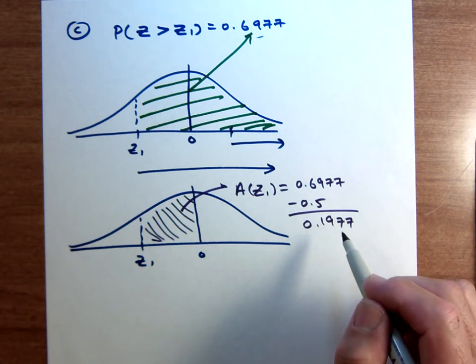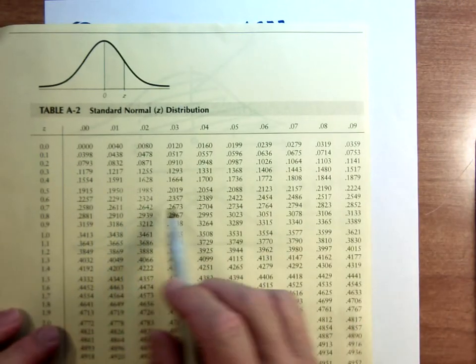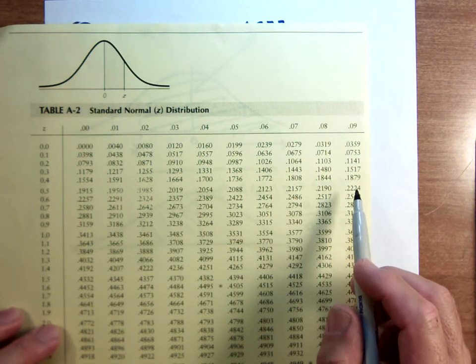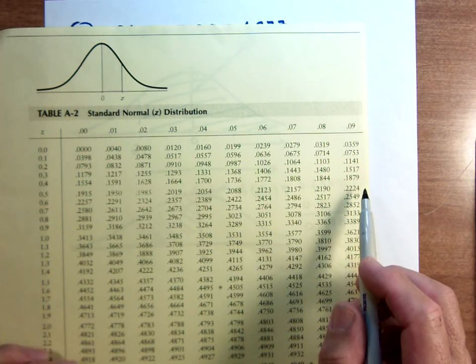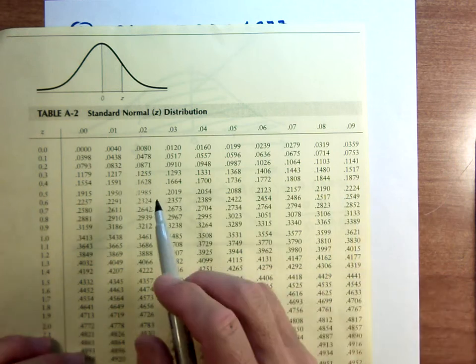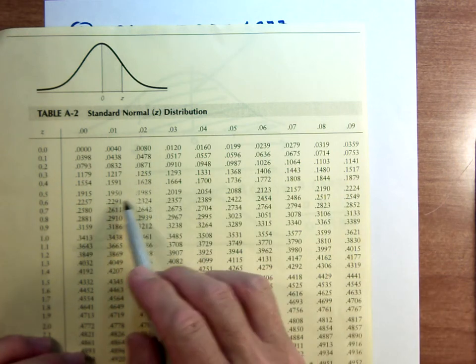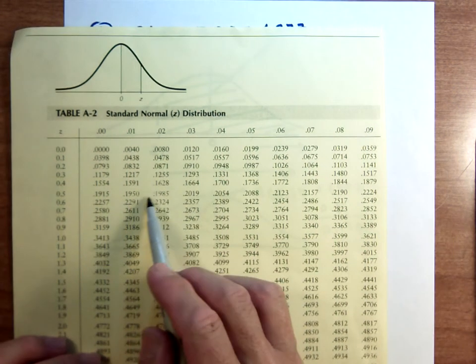Where is 0.1977? Well, I don't see it here. What does that mean? It means I'm going to be looking for the number that is closest to this. There is no 0.1977.